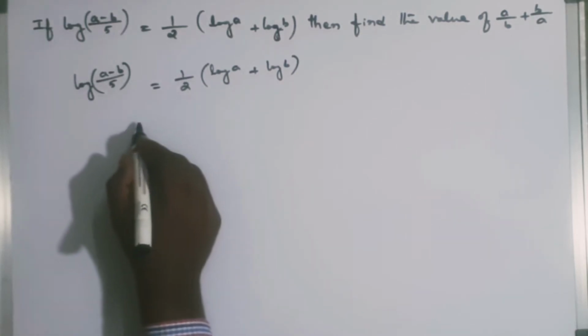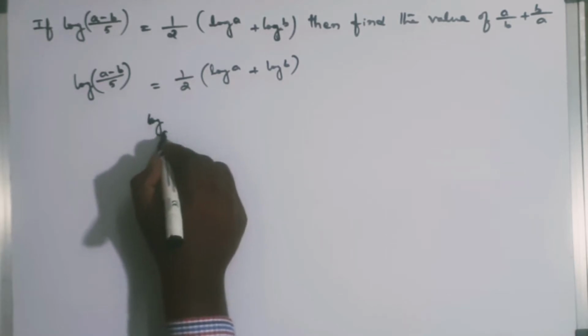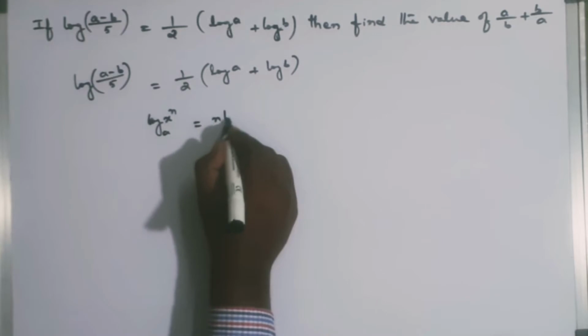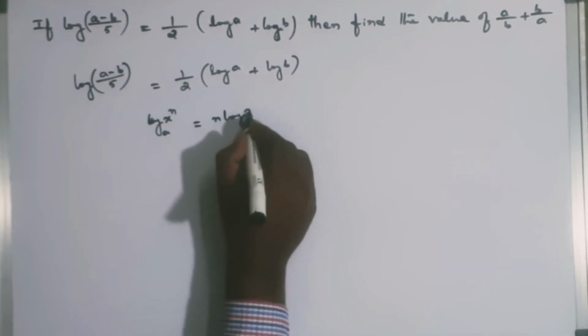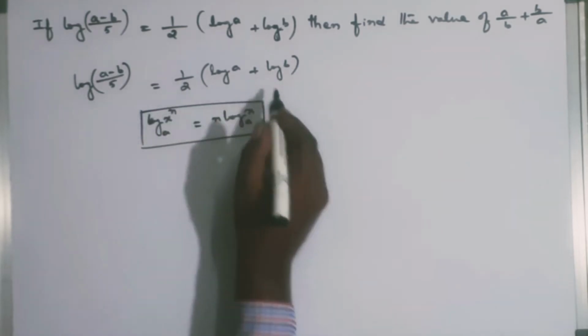Now using the formula, log base a of x to the power n can be written as n of log base a of x. This is the formula which I can use to simplify this part.